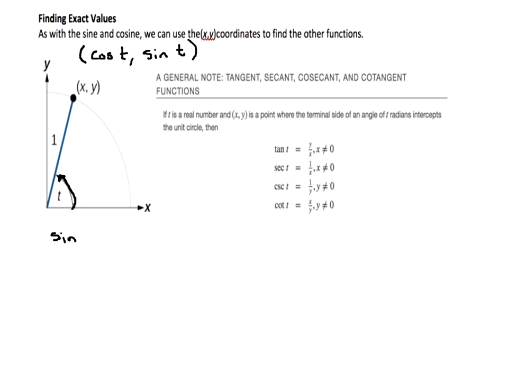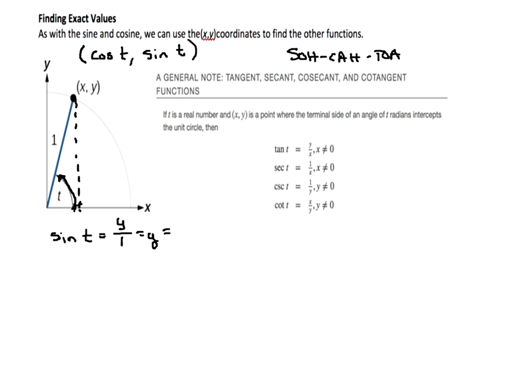So first, let's look at the sine of t. Let me remind you, we have SOH CAH TOA. Sine is the opposite, which is the y, the distance from the x-axis to the point, which is y in the vertical direction. So it's the opposite side over the hypotenuse, which is 1. So that is just y.